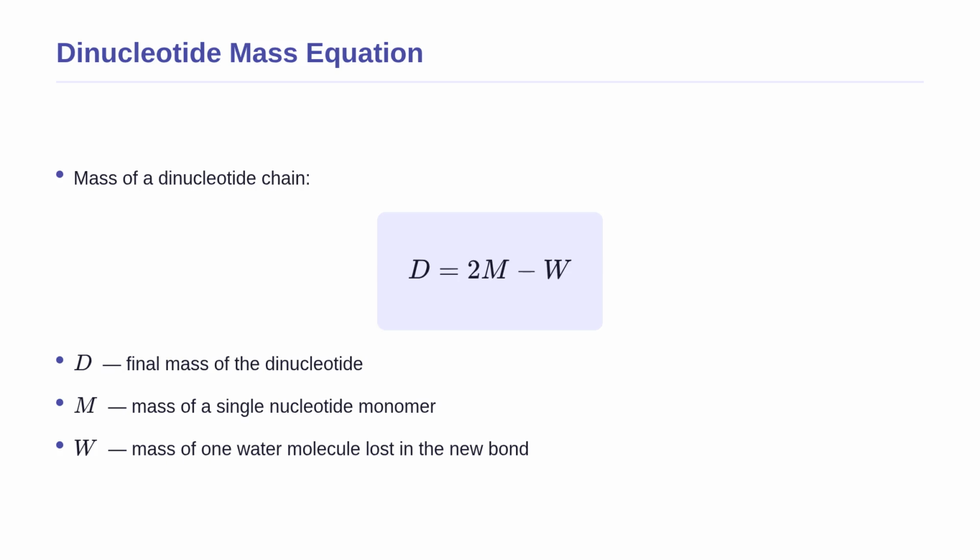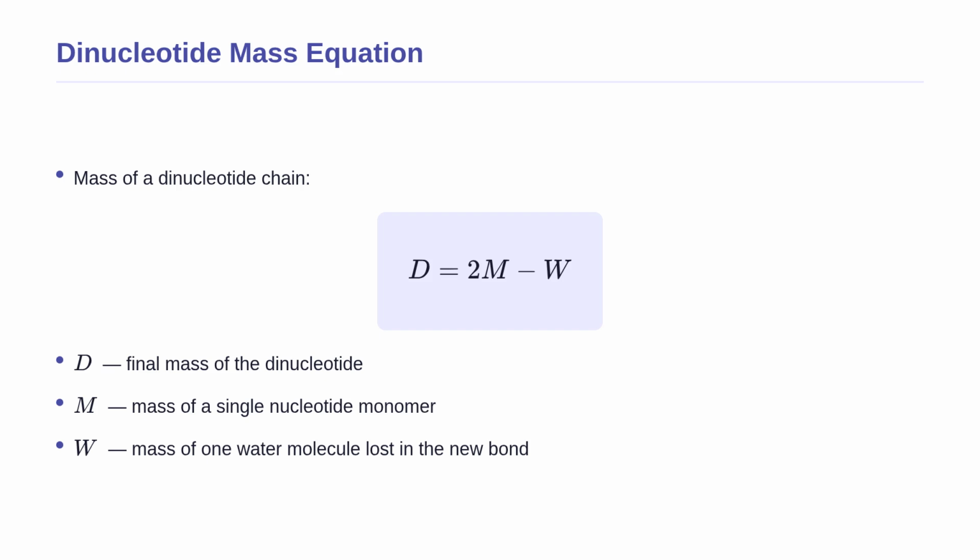Just as we calculated the mass of one nucleotide, we can model the mass of this new chain with another equation. The formula is D equals 2m minus W. Here, the variable D represents the mass of the dinucleotide. We multiply the variable m by 2 because we are joining two identical monomers together.